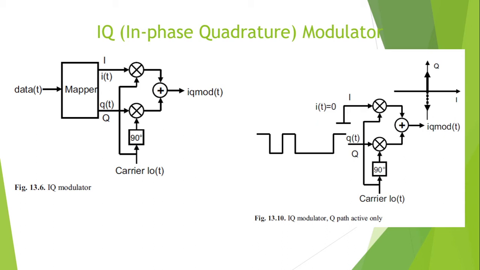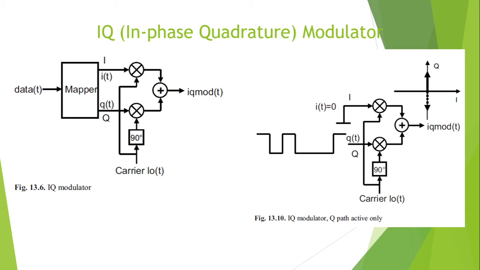Look, I of t and Q of t are no longer data signals but signed voltages only. If I of t is 0, then the I mixer produces no output signal. If Q of t is equal to 0, the Q mixer produces no signal.